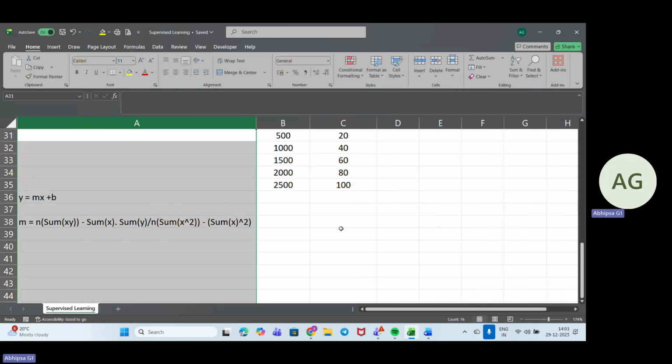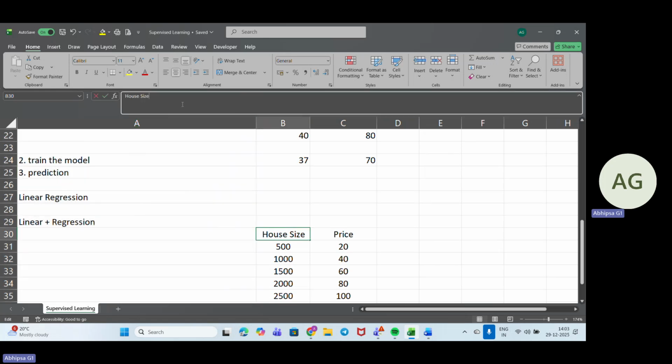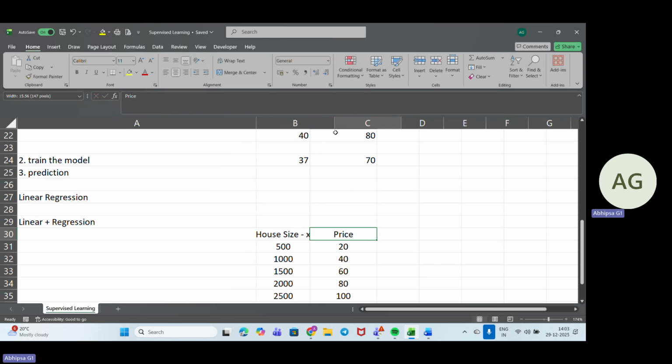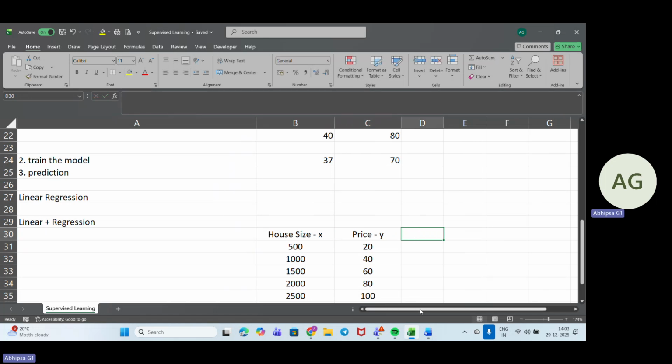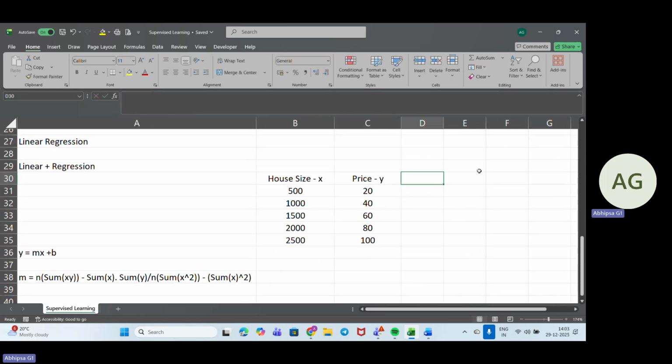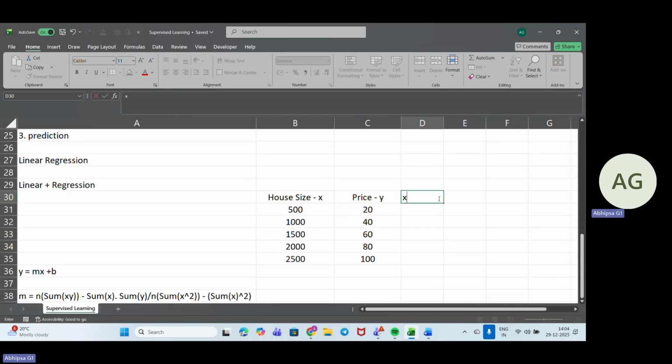Let's do it one by one so we'll be able to understand it. House size, this is of course X, and this is price, so this is my Y. Now we need X square. For this, my values would be 250,000, that is 2,50,000, that we are getting here.